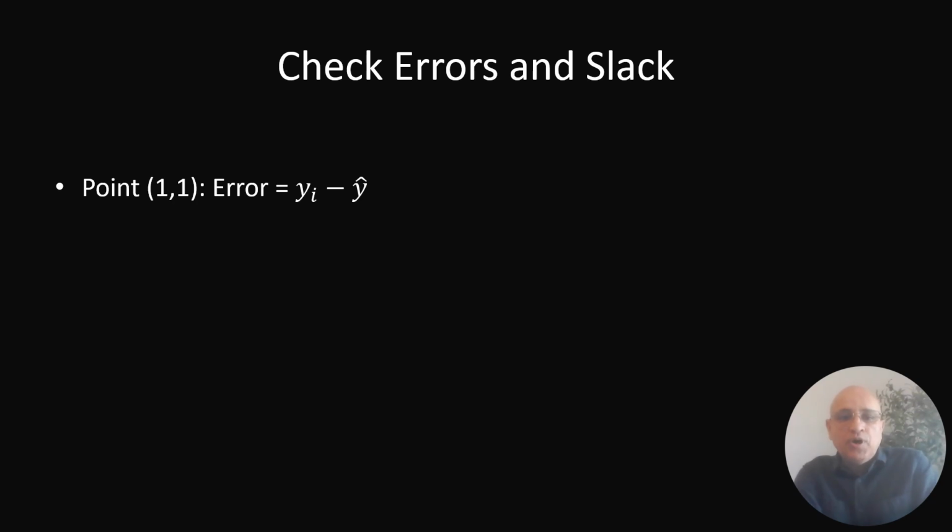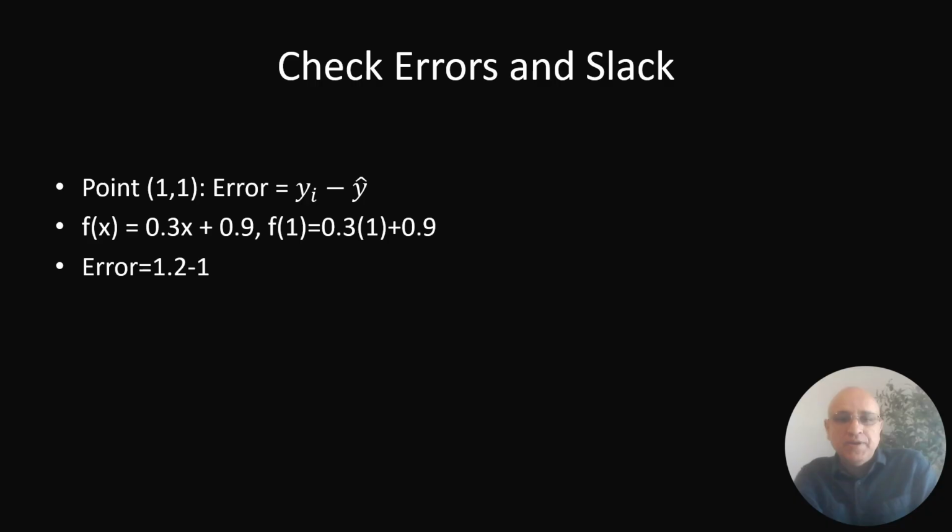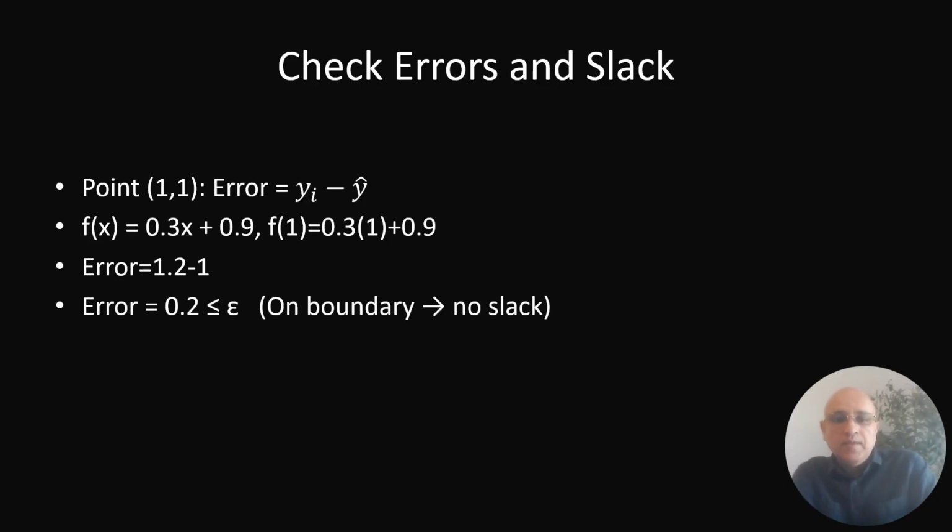So for each data point, for example (1, 1), we will find the error by plugging the value into the regression equation that we found. For example, here the error is 1.2 take away 1, which is 0.2.